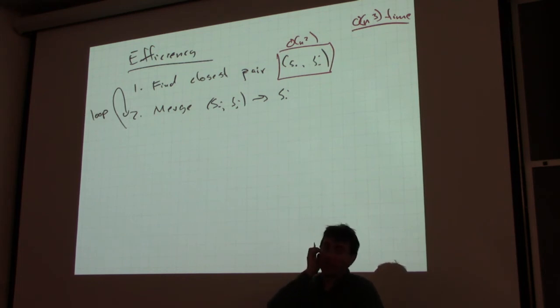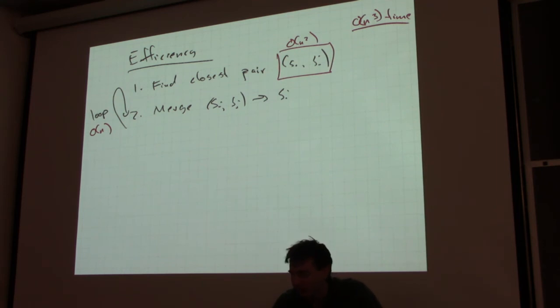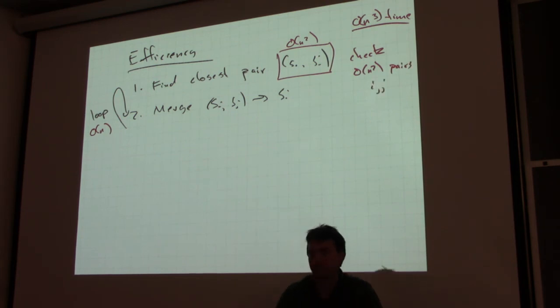We can often fix that. We don't need to recompute this every time. The problem is this loop may need to go O of n times, and I need to find the closest pair. So I may need to check O of n squared pairs i, j.